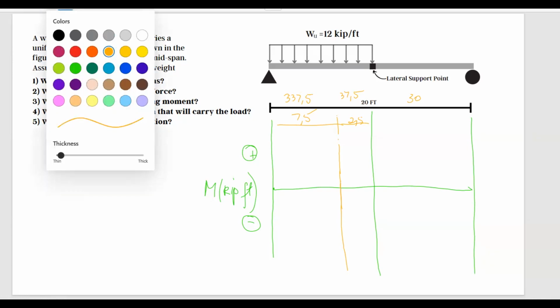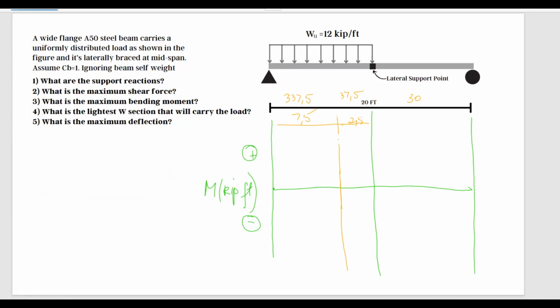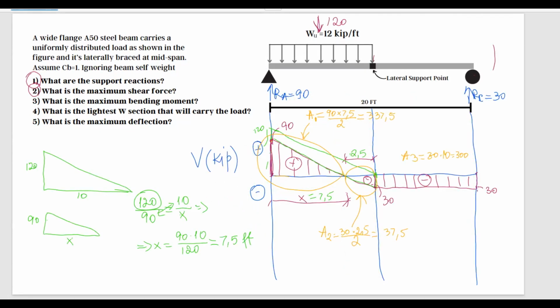Let me take another color. We are at the support. The moment at this support is 0. We're going to start at 0. Now, looking at the shear diagram, we have a triangle that goes from a big value to 0 here.